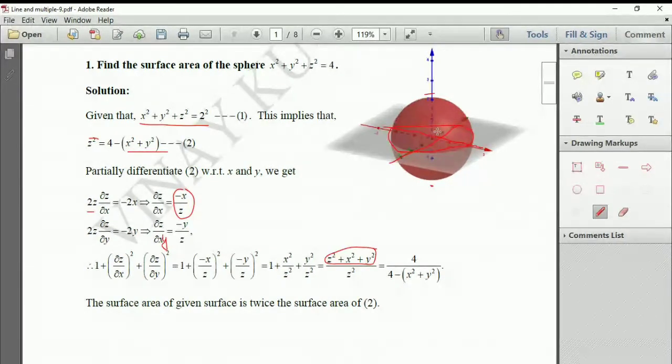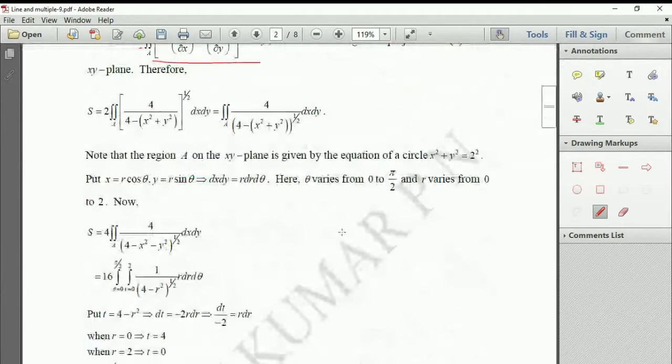Therefore, instead of finding for the whole region, it's enough to find for this, and the same area will be for this, this, and this also. So instead of taking theta from 0 to 2 pi, I can say theta varies from 0 to pi by 2, and 4 times that area will be the total area. So this is how we are going to evaluate this.